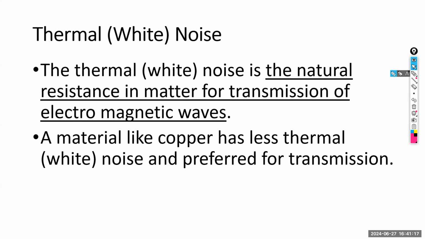Thermal noise is the resistance from the matter or the electrons to the transmission of the wave. It is similar to the normal resistance in electricity. That resists the flow of electrons, and then you call it normal resistance. But if it is the resistance to the propagation of a wave, we call it thermal noise or white noise.